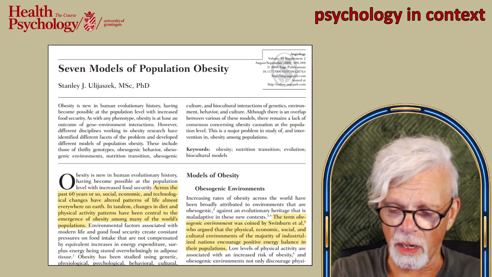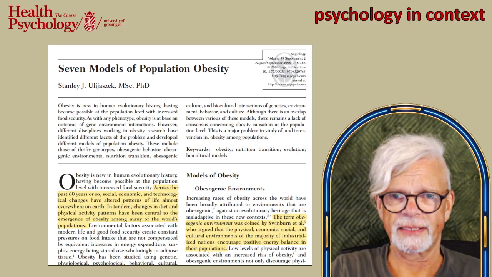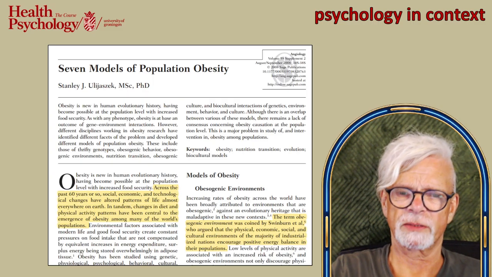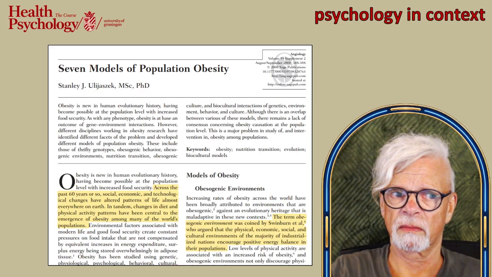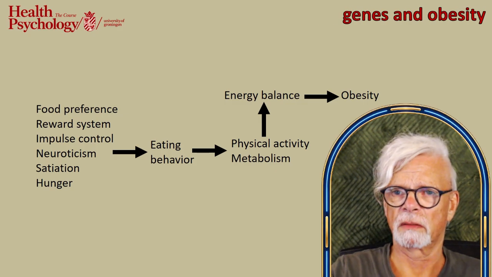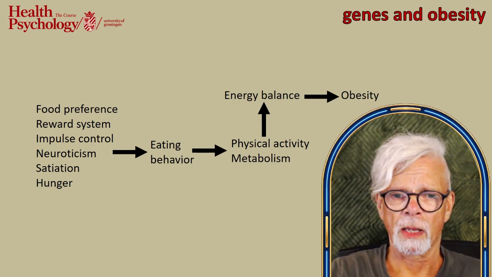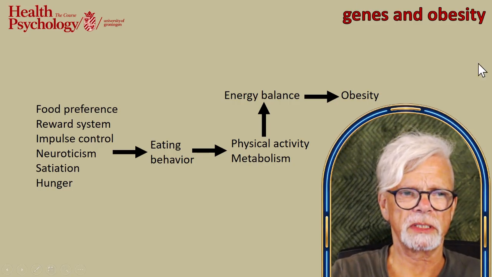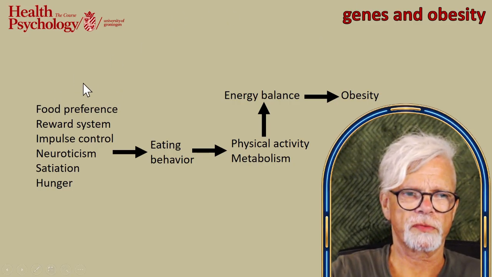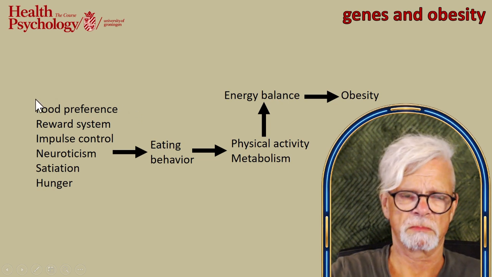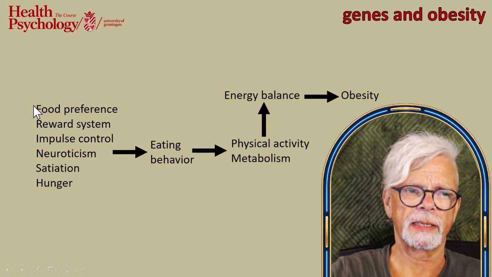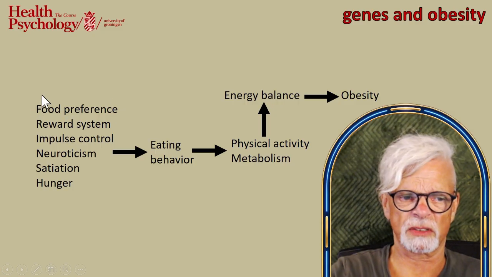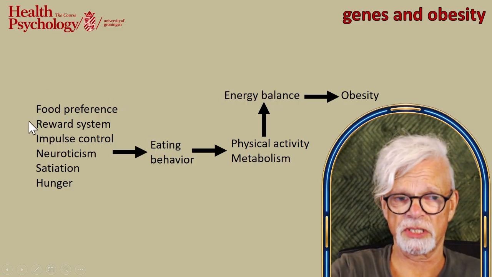For example, one of the things it shows is that genetics are important in obesity. And here, let's take a look at this. I just summarized the literature, but there are genes that code for food preferences. So some people like the salty or the sweet foods more than others. It's partly in genes.